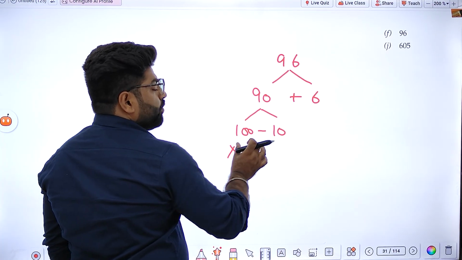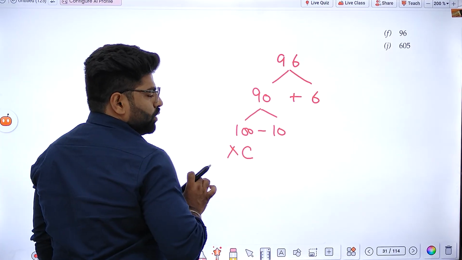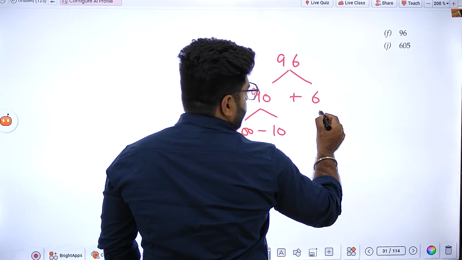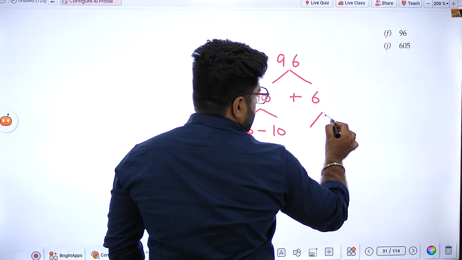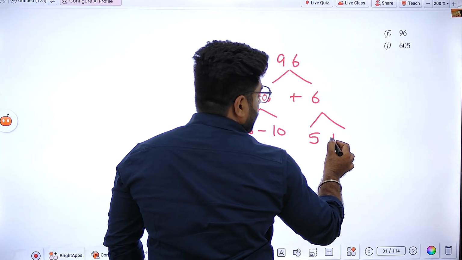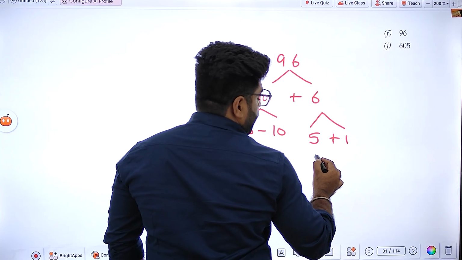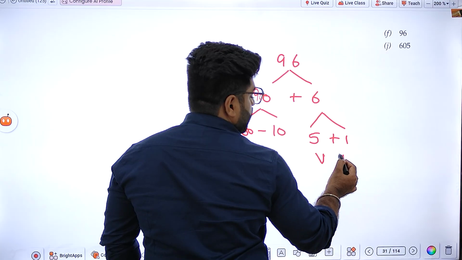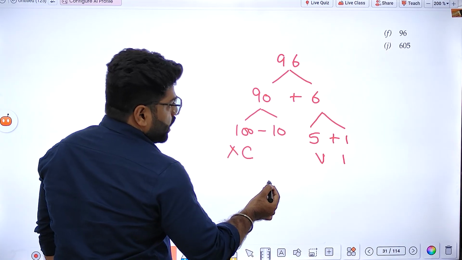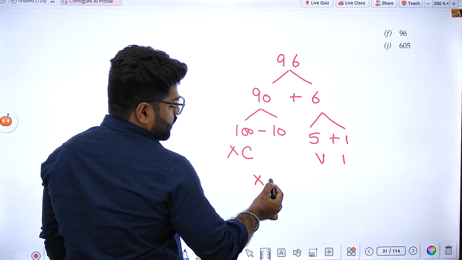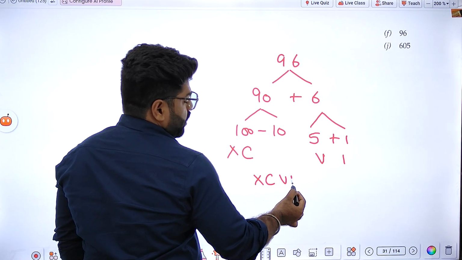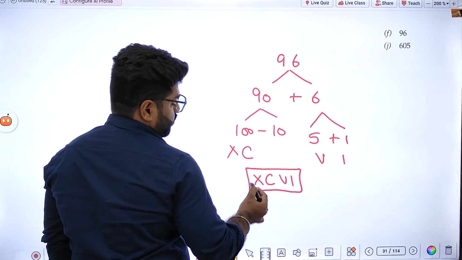If we have to add, then we put this X on the right side. You all know. Okay, so here we have 6. We break it down again, that is 5 plus 1. For 5 we use V, and for 1 we use I. So the combined number is XCVI. Clear?